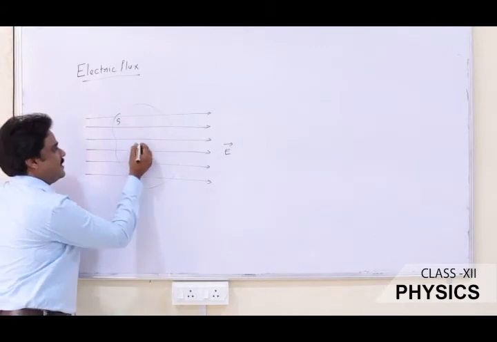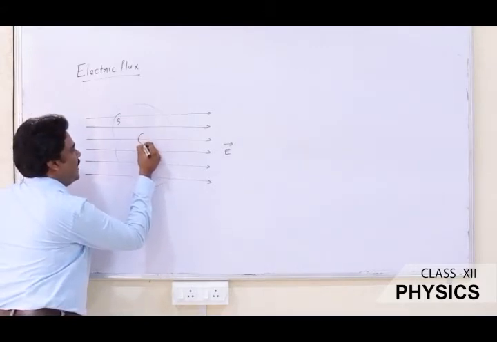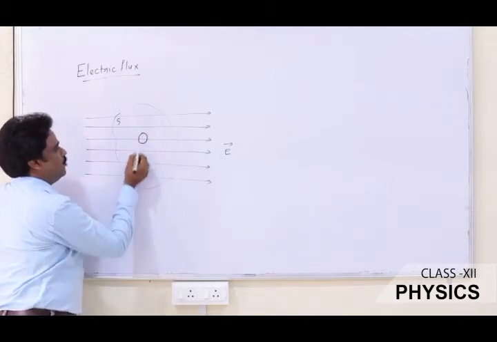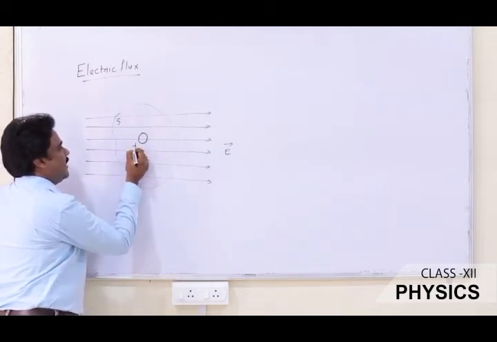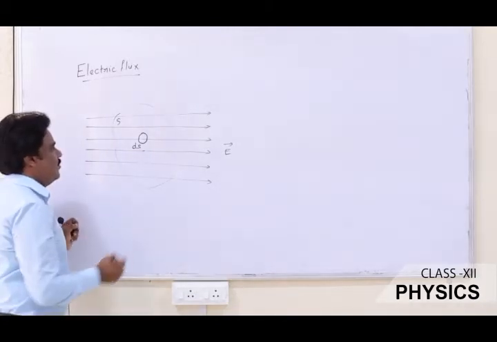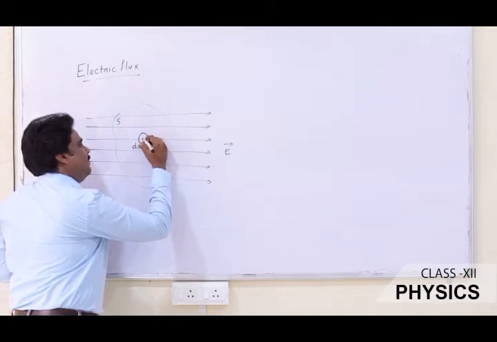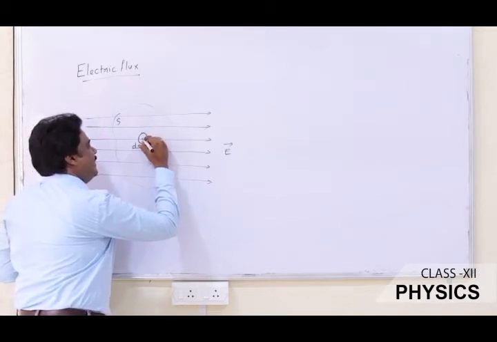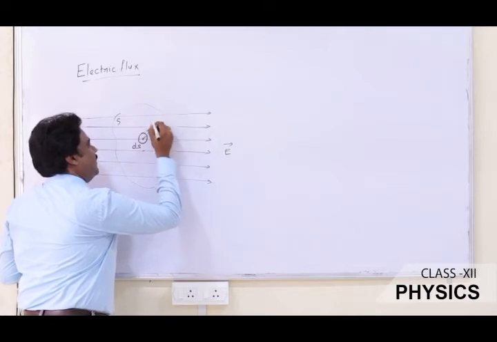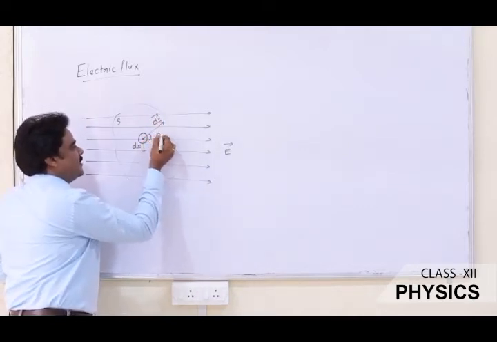For this, I am going to assume a very small area element, and I am going to mark it as ds. Now, what about normal to ds? That will be the area element vector. Let us suppose that the area element vector, that is ds vector, makes an angle theta with the direction of the electric field.